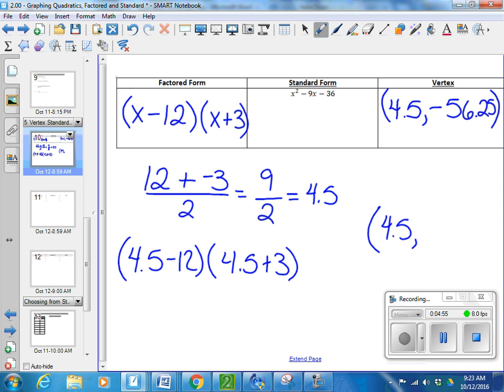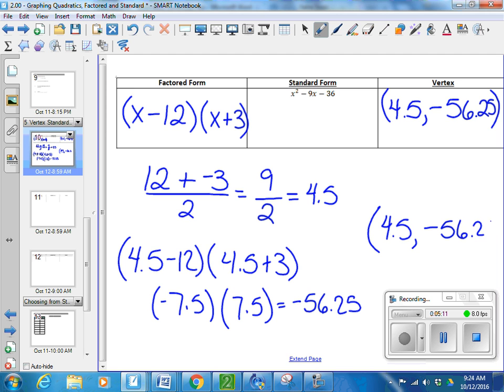This ends up being negative 7.5, and this ends up being positive 7.5. And when I multiply those together, I'm still going to get negative 56.25, which shows that we had the correct vertex. All right.